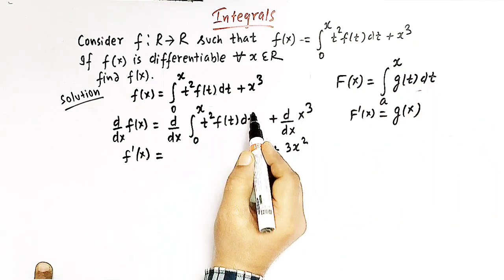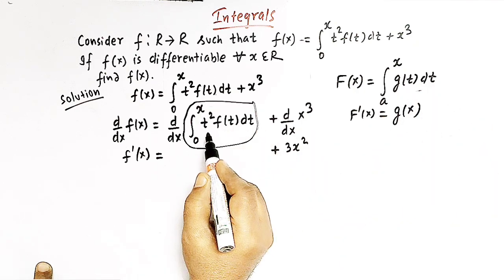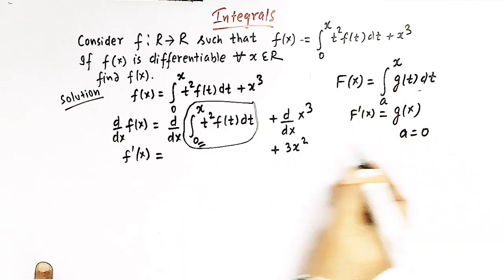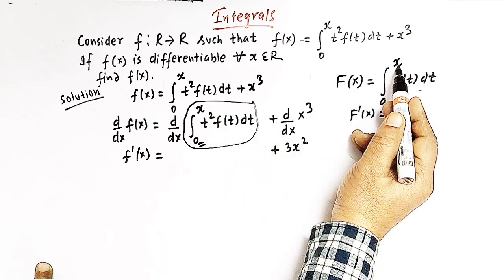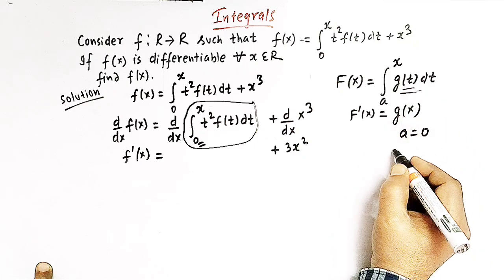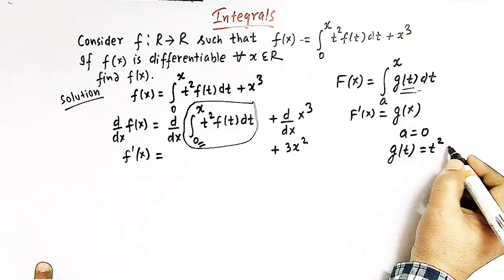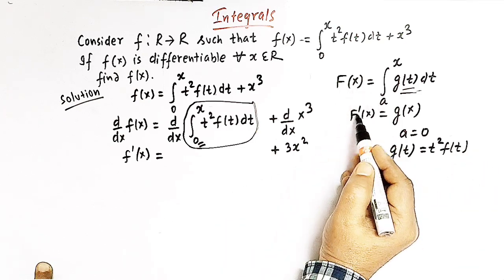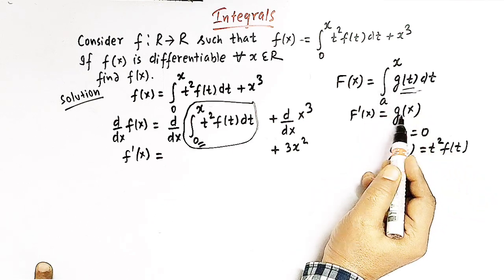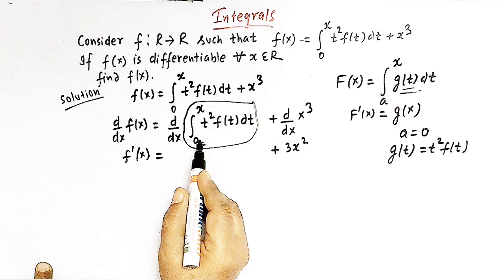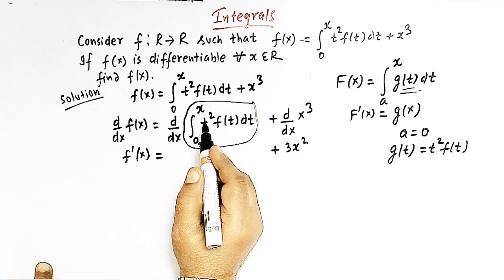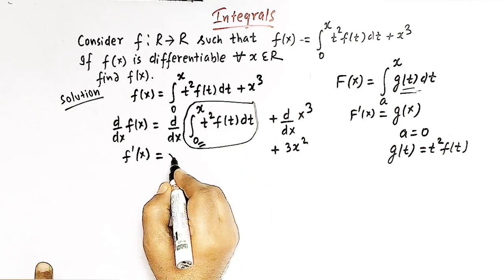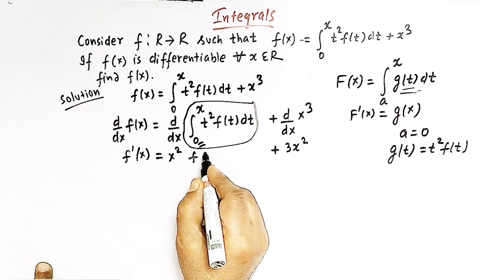Comparing this integral with that one, the value of a is 0, the upper limit is x, and g(t) is t squared f(t). So applying this rule, we simply replace t by x, and we have x squared f(x).